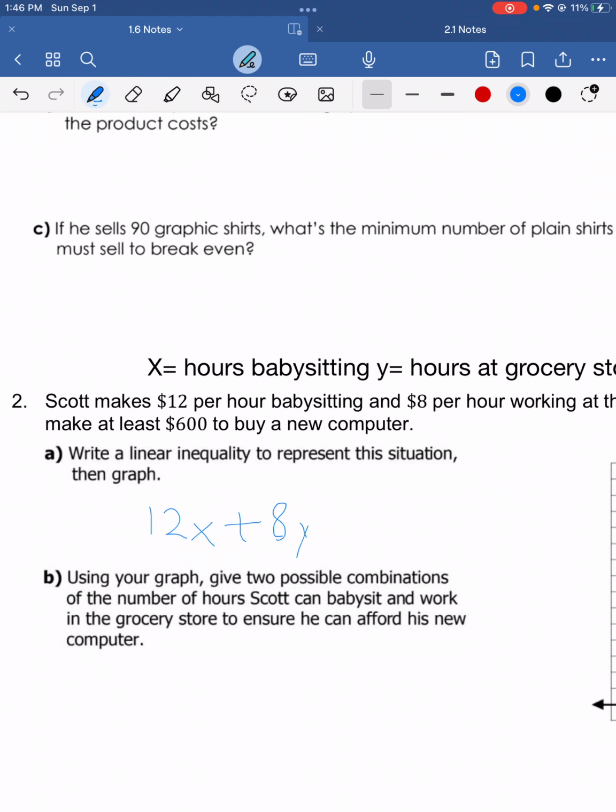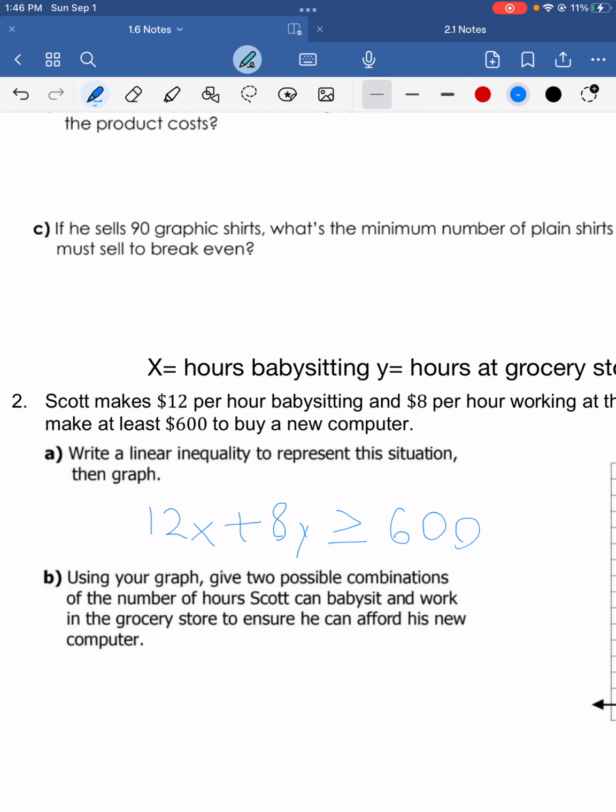So you get this 12x plus 8y. This is the total amount of money. And we need to make at least $600. So this needs to be greater than or equal to 600.